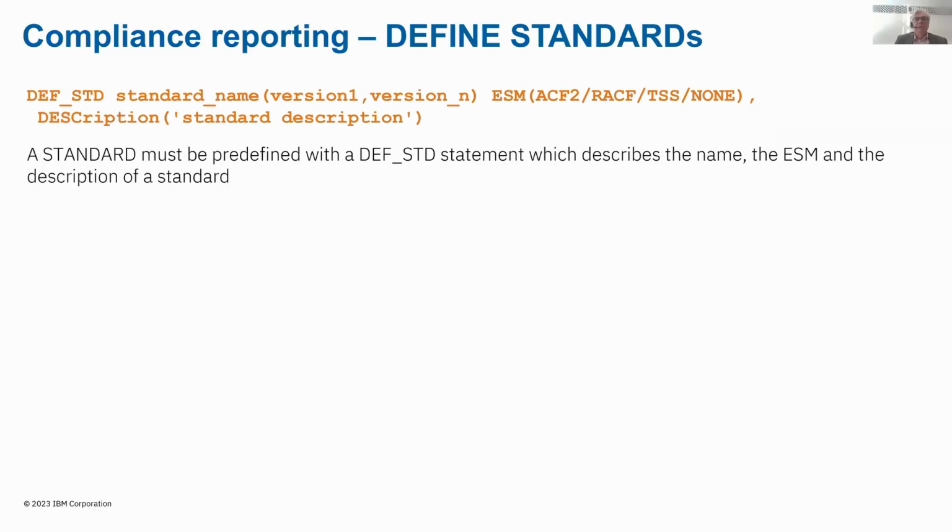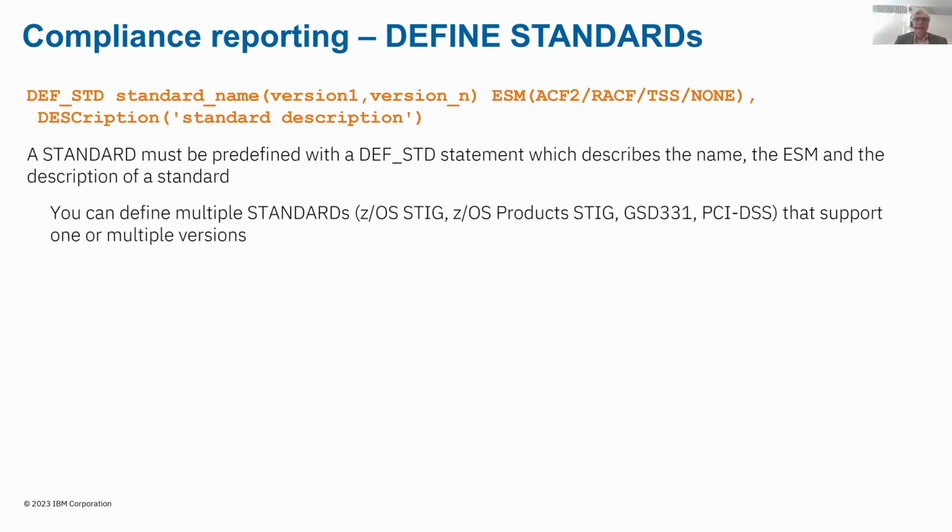Back to the standard. So I'll go into some detail here to try to explain why it's interesting that we have those new things. We now have the def standard statement with a standard name and a list of versions. I'll come back to that. You can define multiple standards.